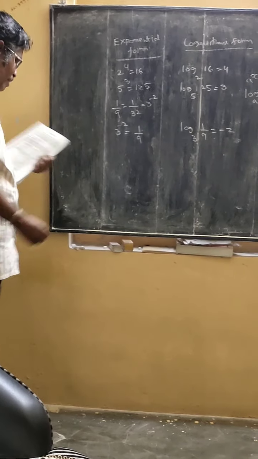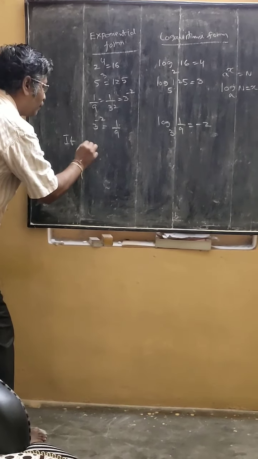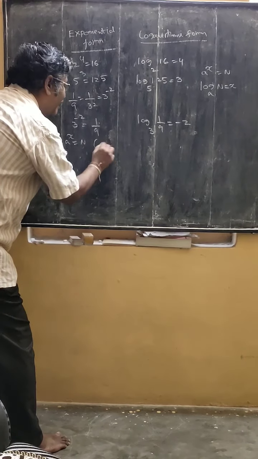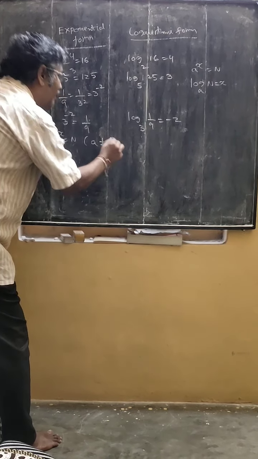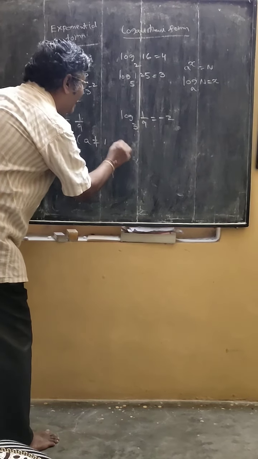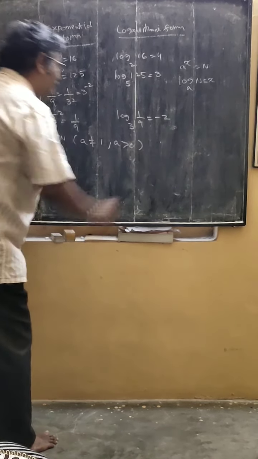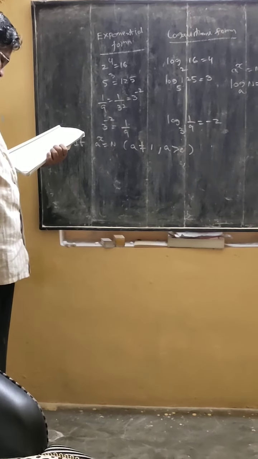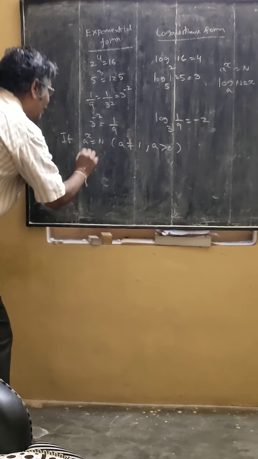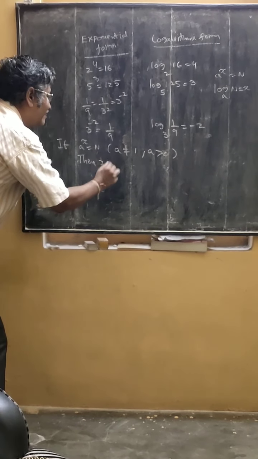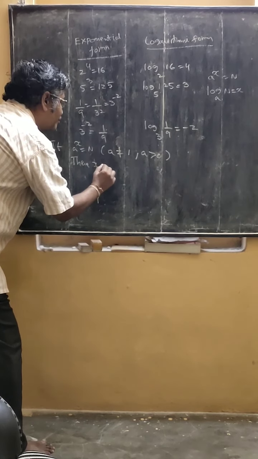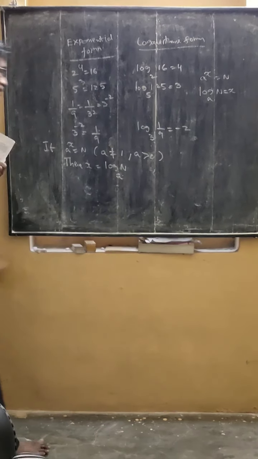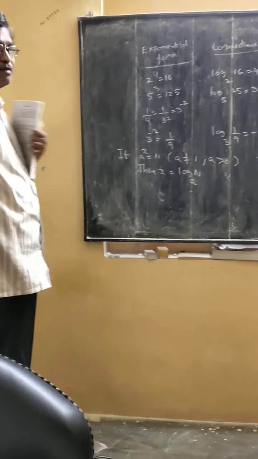If you take the condition, if a power x is equal to n, where a not equal to 1 and a greater than 0, a not equal to 1 because 1 power anything is 1 only, then x is equal to log n to the base a.